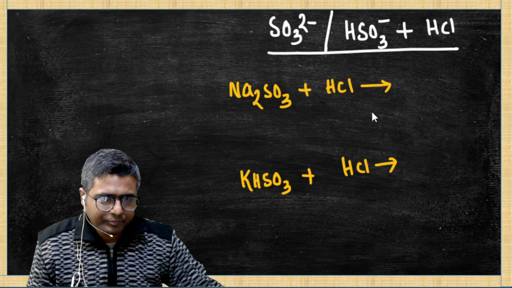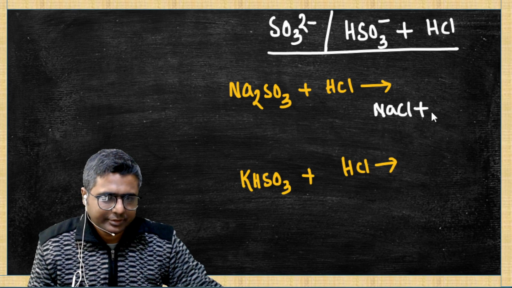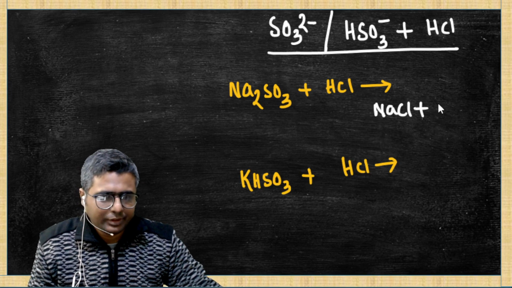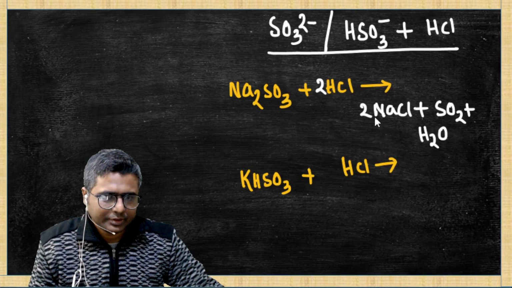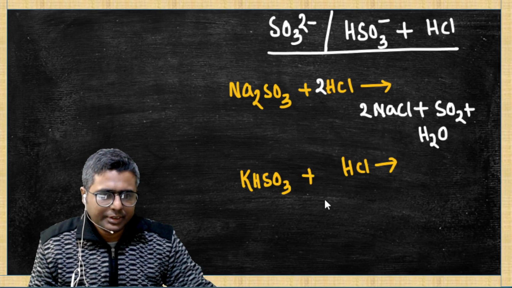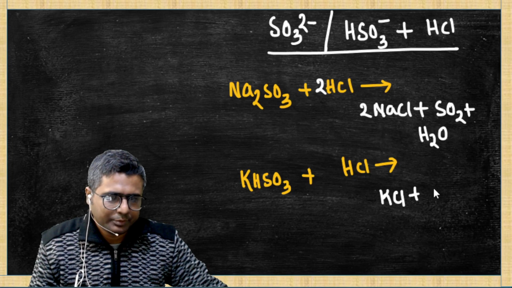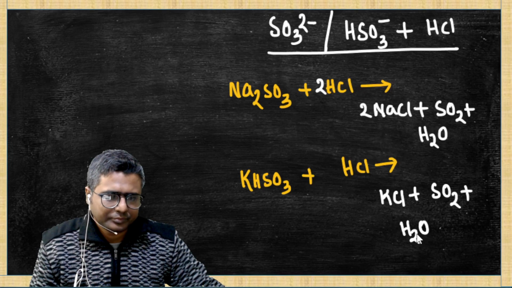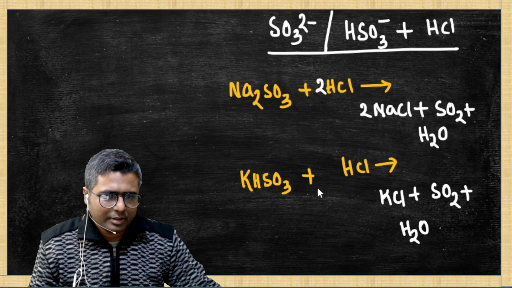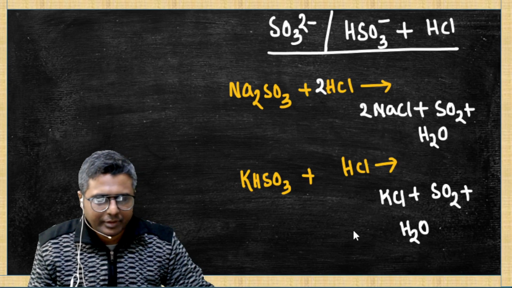So this will be NaCl salt plus, in place of carbon dioxide it will give you sulfur dioxide, simple, plus H2O. 2 NaCl, everything is balanced. In this case same, KCl, in place of carbon dioxide here will be sulfur dioxide plus H2O. I guess this is already balanced. Yeah, so this is balanced.